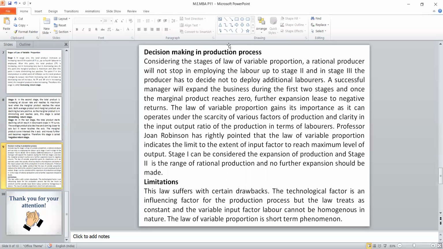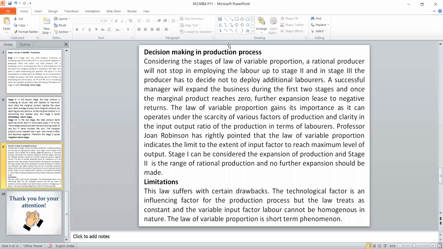Now, how to take a decision using this particular law of variable proportion? Any manager can take a drastic decision in stage 1 and stage 2. Because in stage 1, it is a developing stage or introductory stage, a lot of changes he can make. He can employ as much labor as he can think, because it is at an increasing rate of return.